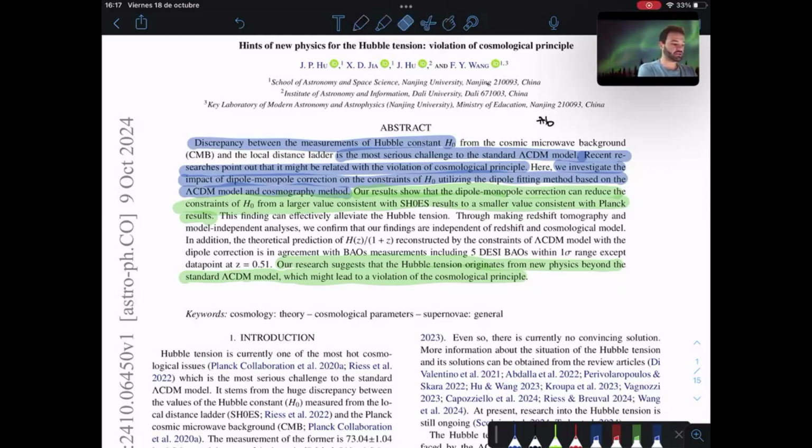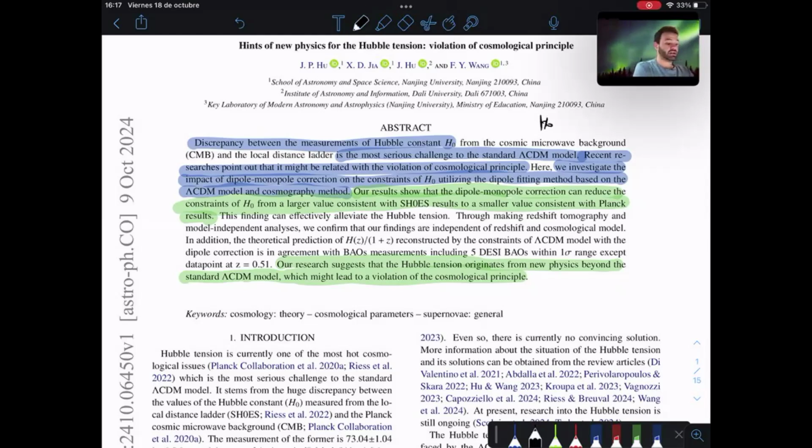H naught is the Hubble parameter evaluated today. This gives us information about how the universe's expansion is accelerating, and what its rate is. That's the information H naught is telling us.